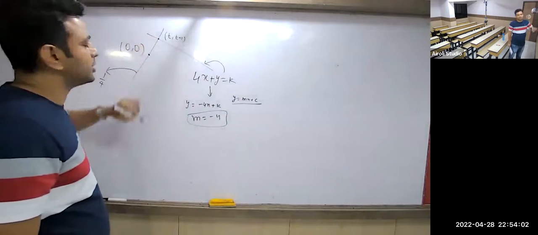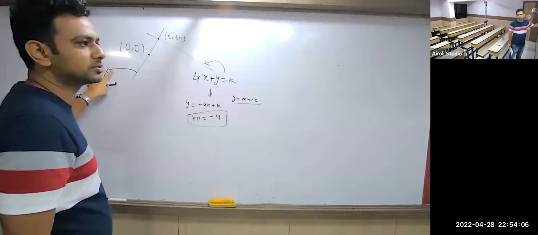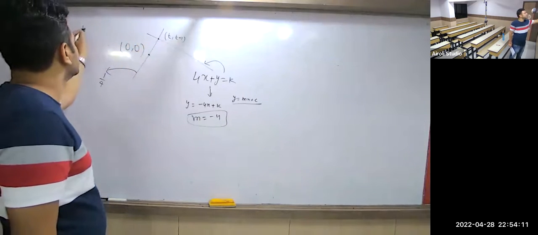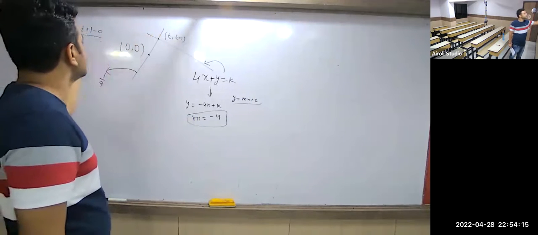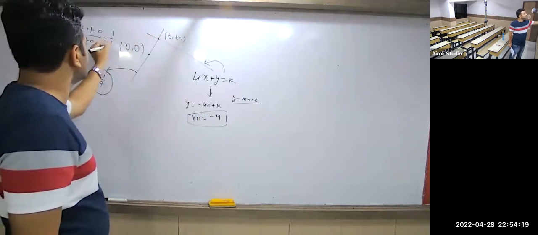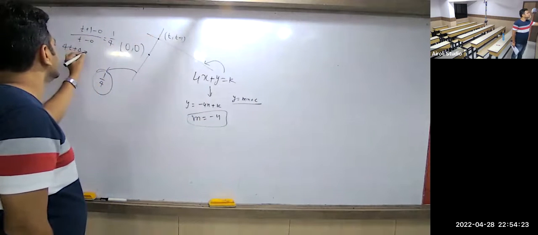Okay. So we have 2 points, 1 point and this point. So can I get the slope? Forget about this. Can I get the slope? It will be y2 minus y1, that means t plus 1 minus 0 upon x2 minus x1, t minus 0. But it is given as 1 by 4. So multiplication कर देंगे. So I will get 4t plus 4 equals to t.